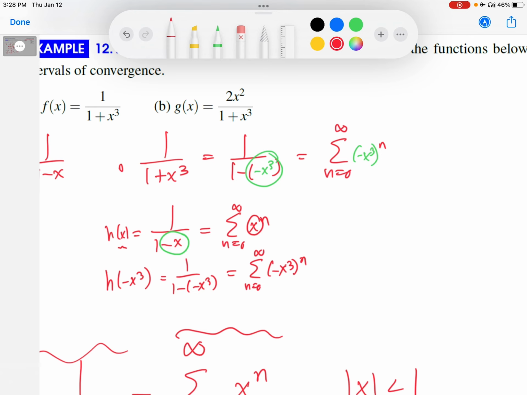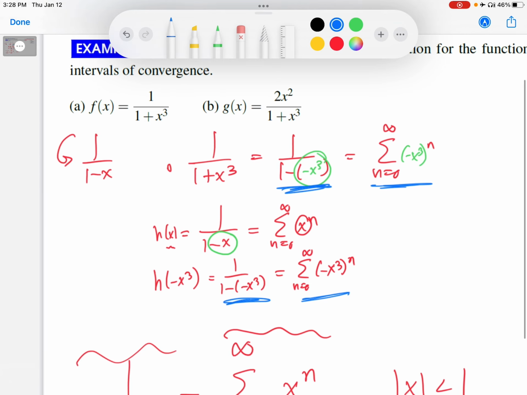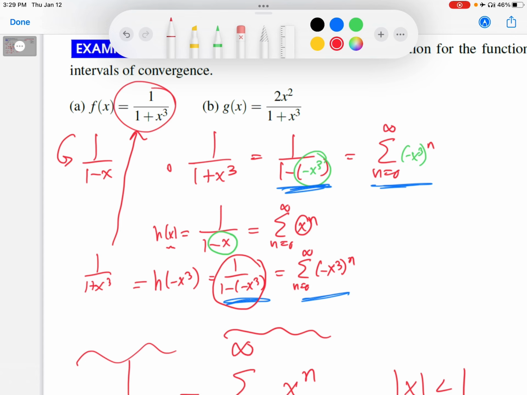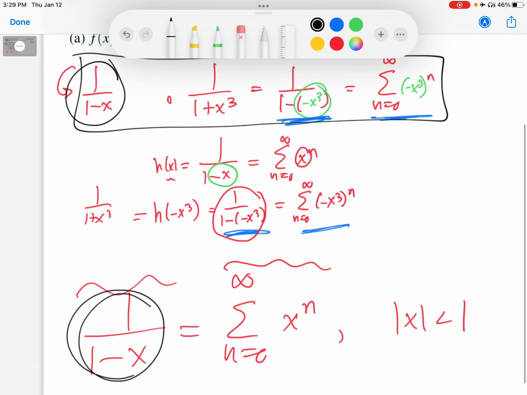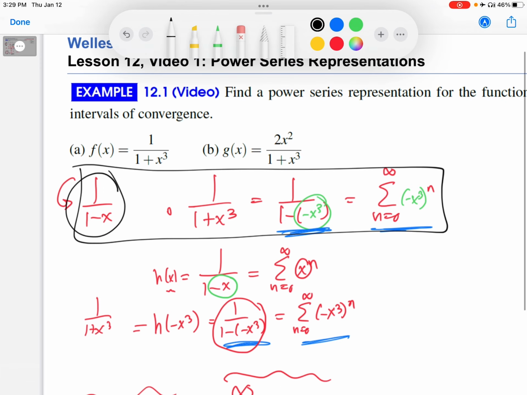Okay, and notice that then we've done the same exact thing, right? This term is the same as that term, and then this power series is the same as that one. And also notice that this thing is equal to 1 over 1 plus x cubed. That's the function that we're trying to find a power series representation for. So I've done this now 2 different ways, right? Number 1 was more about starting with the function that we know has a power series representation, comparing it to the function we're trying to find a power series representation for, and then going that route.